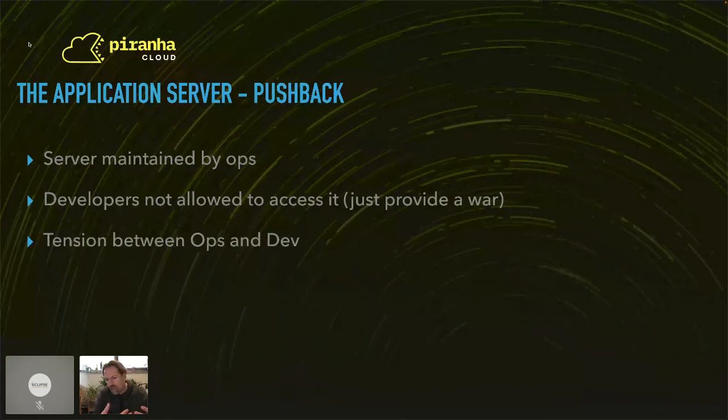The ops team is typically in charge of everything having to do with server organization. They typically install the network, set up the firewalls, install a Linux system, for instance. They take care of server management, maybe including more memory, all those kinds of things. And the application server is typically included in that.